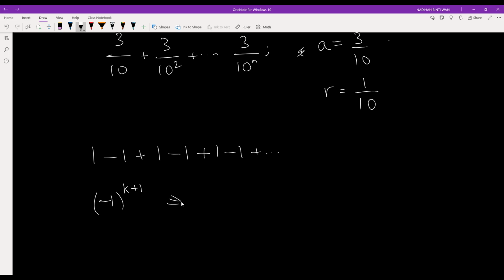In this case, a equals 1 and r equals minus 1. a is just the coefficient. You can see that the absolute value of minus 1 is 1, so this diverges, but it is bounded. Bounded but diverge. All right, any questions so far?